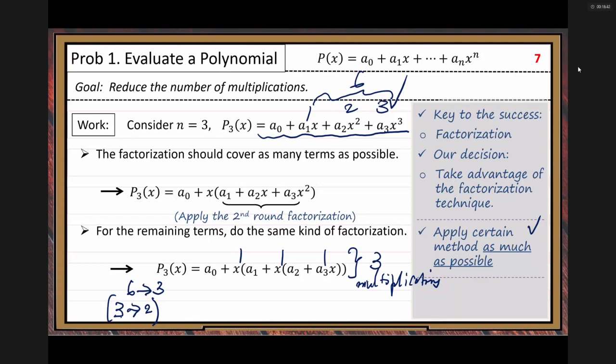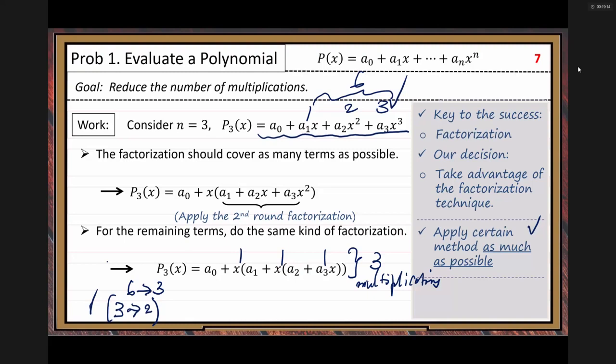The previous one, 1/3 of it is reduced. This one, 1/2 of it reduced. You can see when the degree is higher, our reduction portion is also higher. So we can keep doing better and better if we do it this way. Think about that.